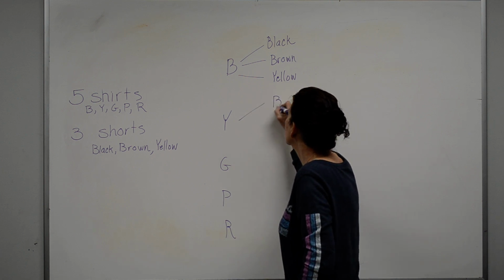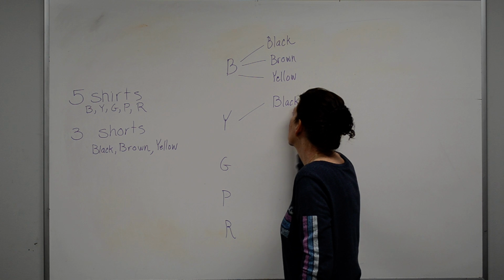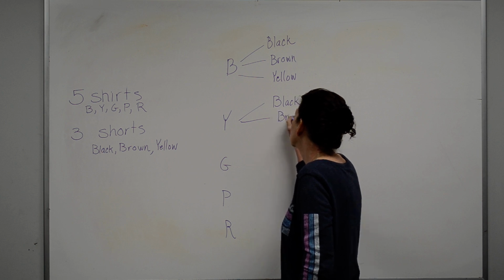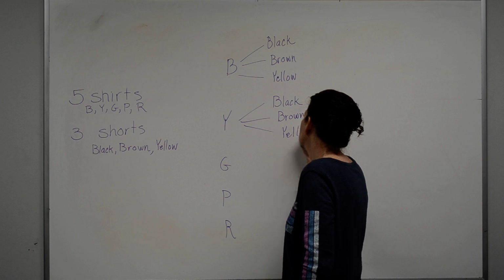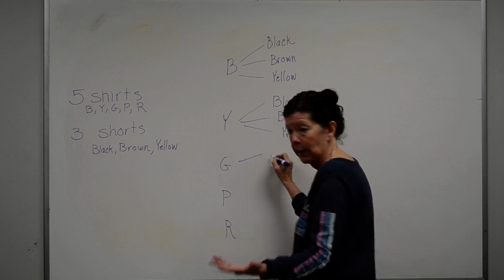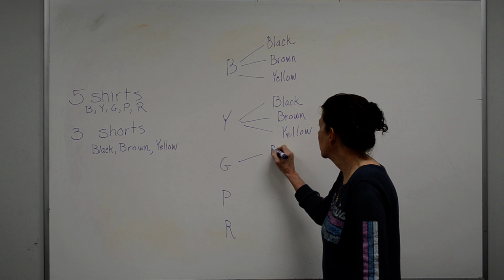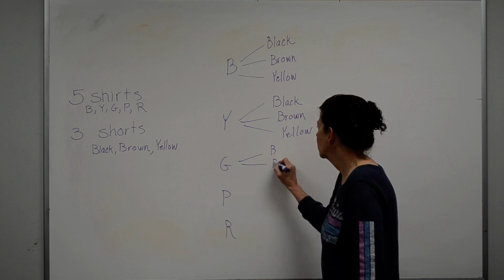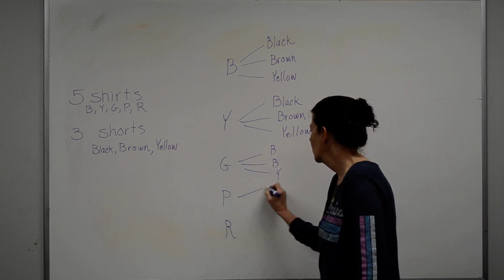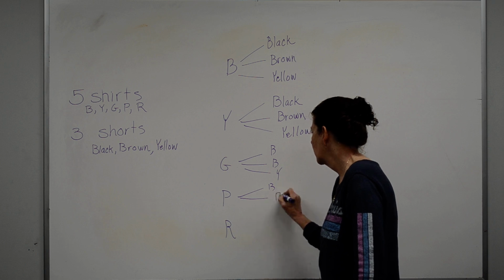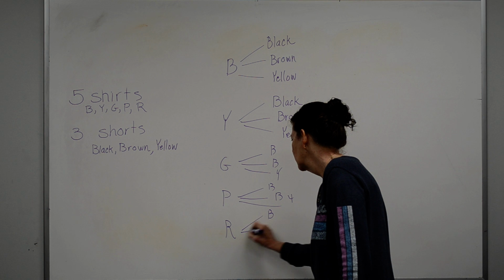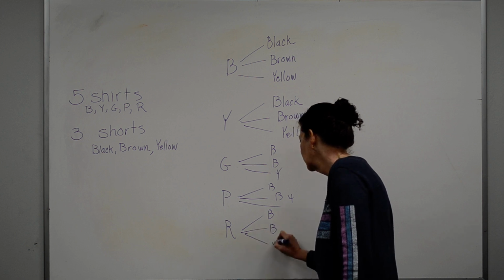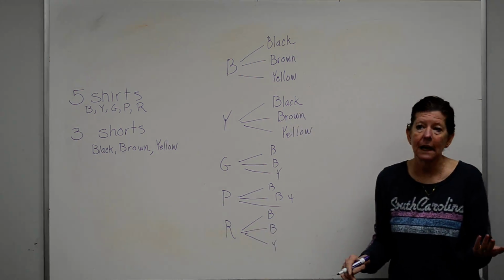Then again, my choices are black, brown, or yellow. Green shirt, same choices. Black, brown, yellow, black, brown, yellow, black, brown, yellow. Okay, there's my tree diagram.